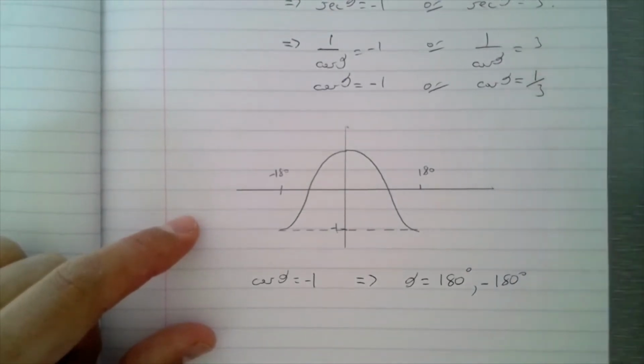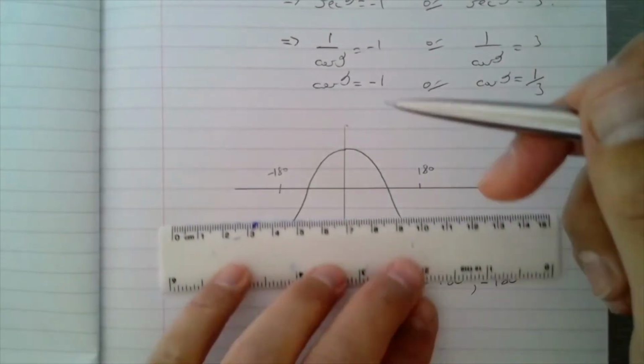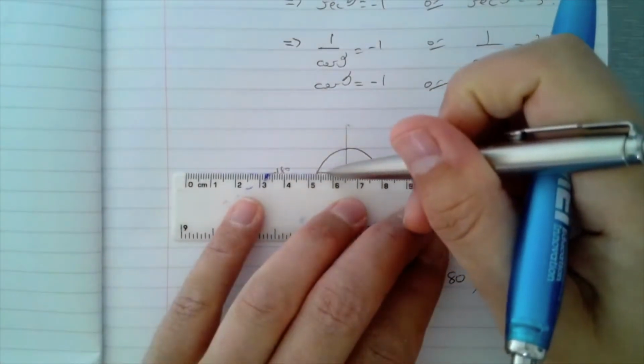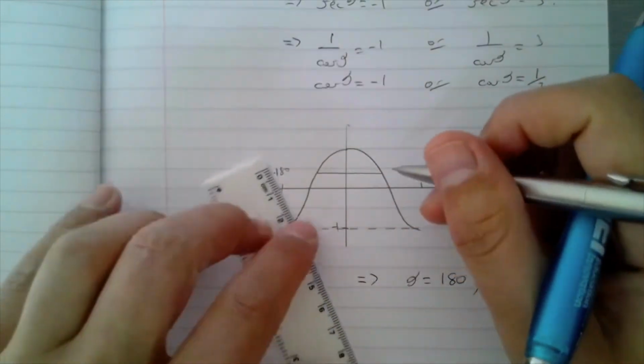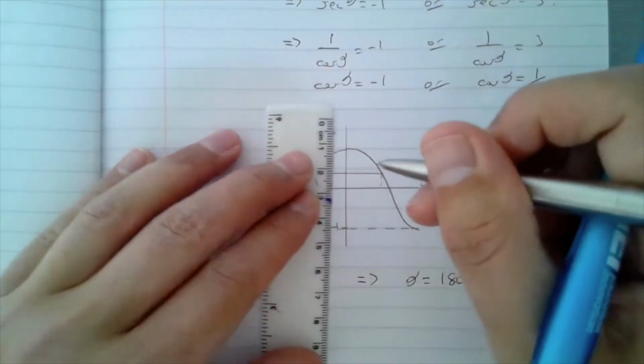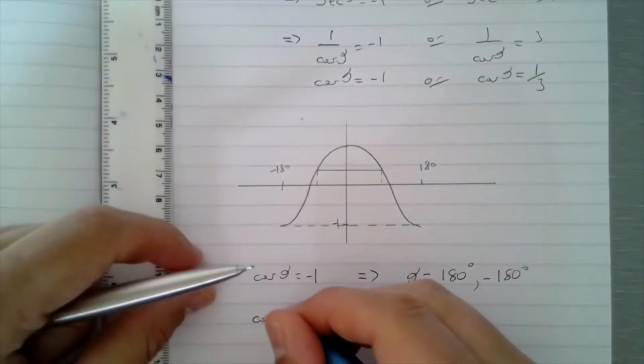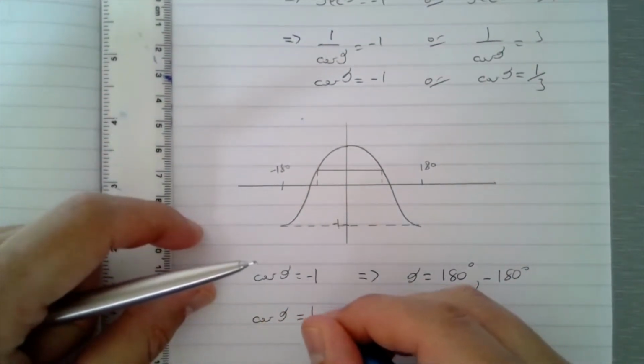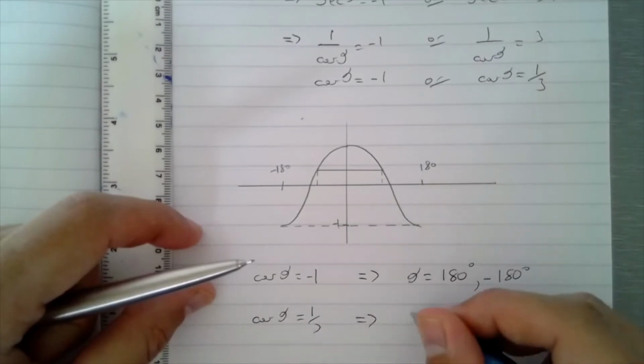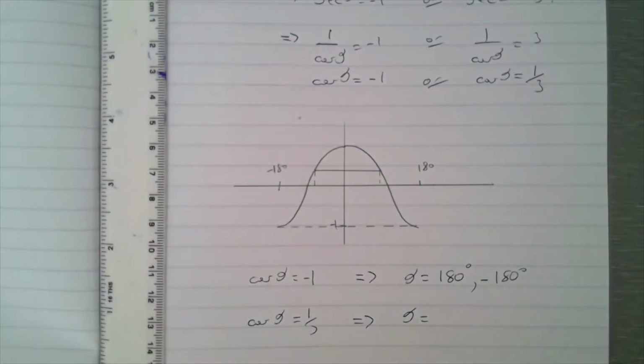Then for cos theta equals a third, you can see that you're going to get two values here, roughly. To get the first value, put it in your calculator, and you should get, I think it was 70 point something.